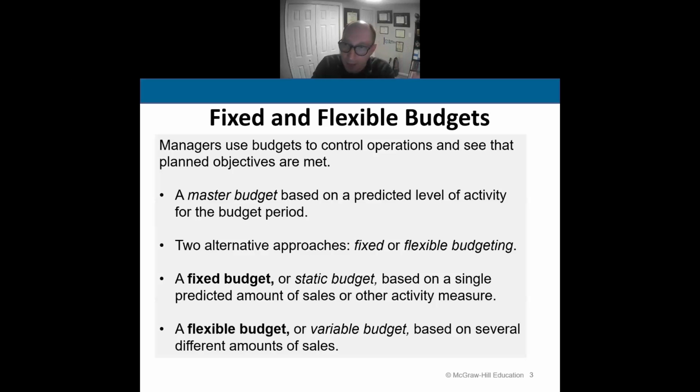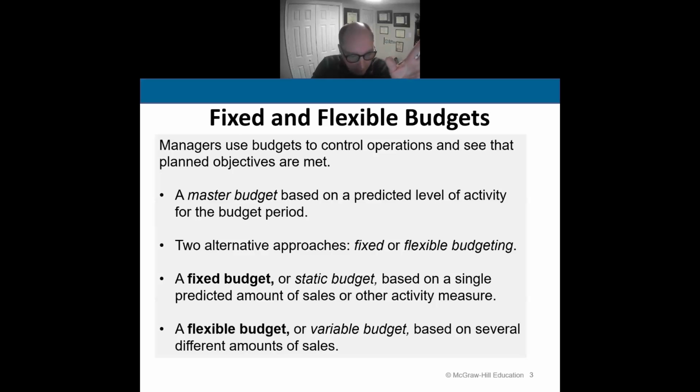You're not going to get more, you're not going to get less, you're getting what you get. So governments, nonprofits, and probably a few, like utility companies, have fixed budgets.